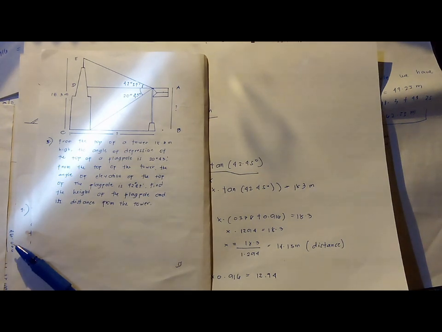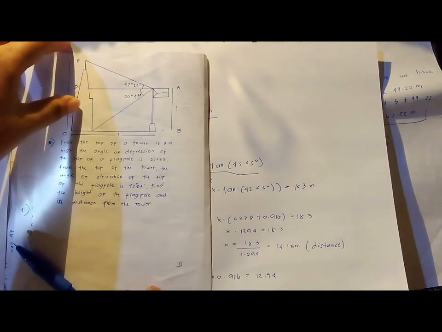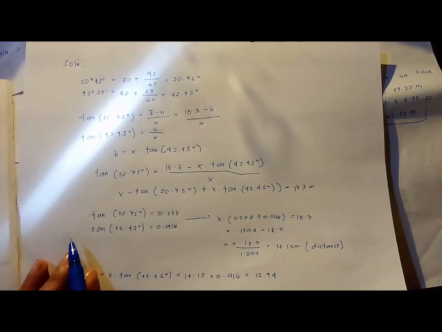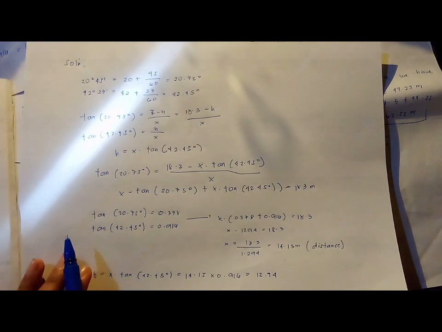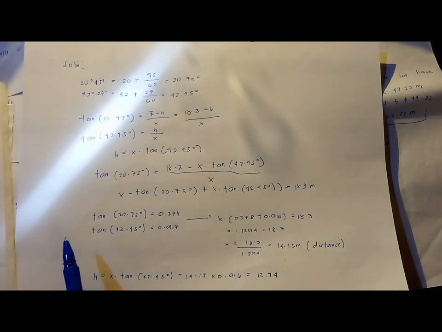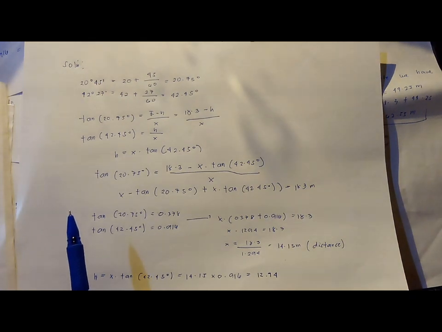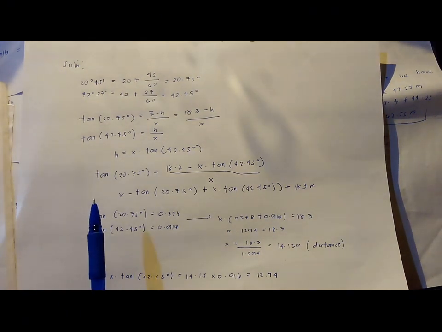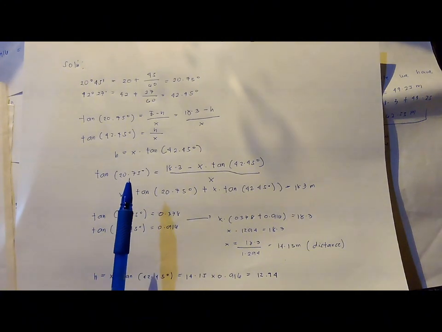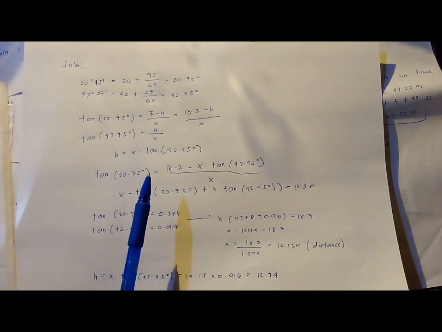First, we are going to convert the angles to decimal degrees. So we already have our solutions. 20 degrees and 45 minutes is equal to 20 plus 45 over 60, which equals 20.75 degrees.